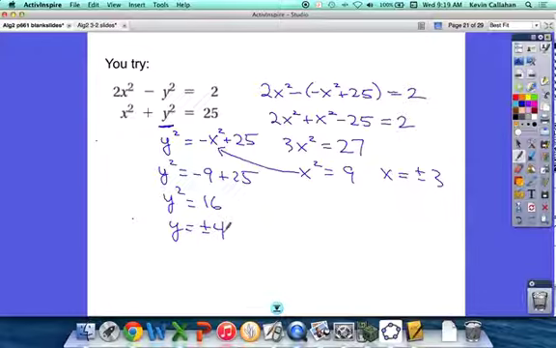So then you're not done really, because now you still have to list all the points, and there are going to be 4 different points. All the combinations of plus and minus 3 and plus and minus 4: 3, 4; 3, negative 4; negative 3, 4; negative 3, negative 4.